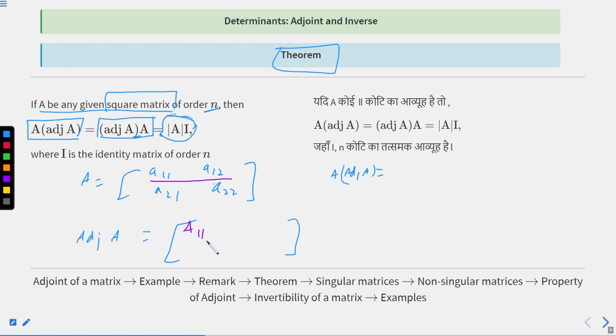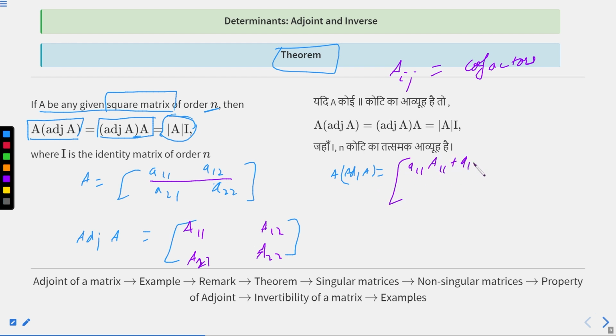What you can write in other forms is a11, a12, a21, a22. These capital A's are cofactors, so capital Aij are cofactors.